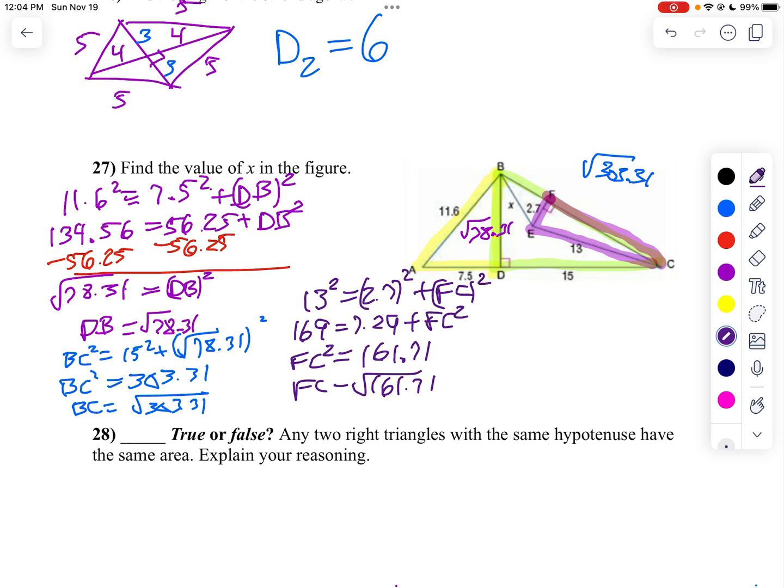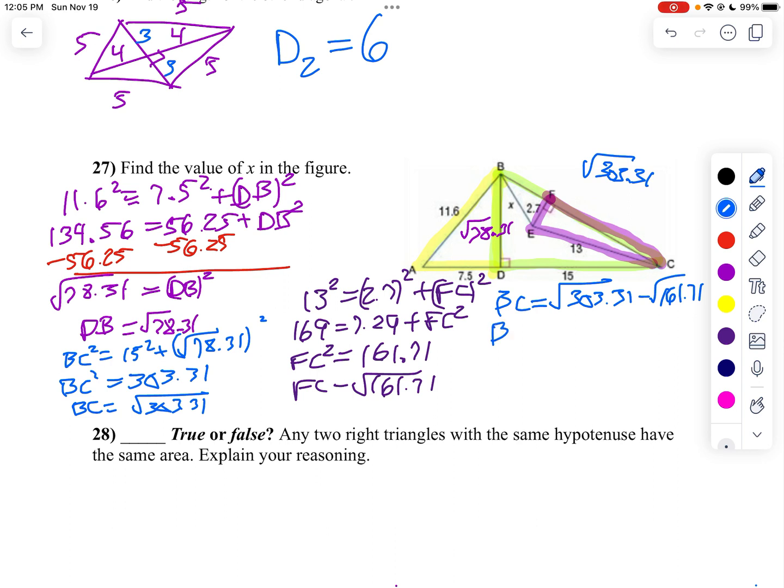So finally, to find B to C, I shouldn't say finally. So B to C is going to be the square root of 303.31 minus the square root of 161.71. Use a calculator for that.